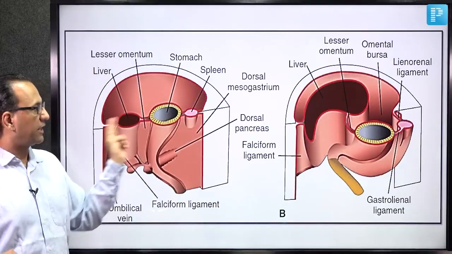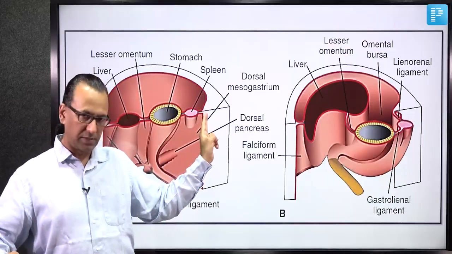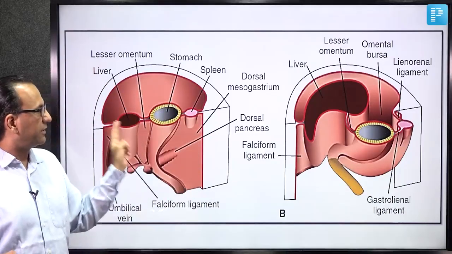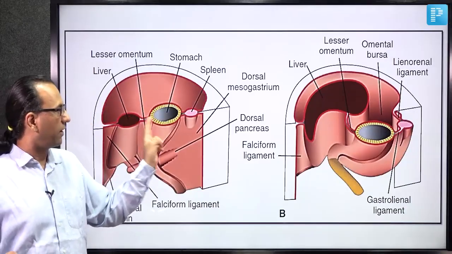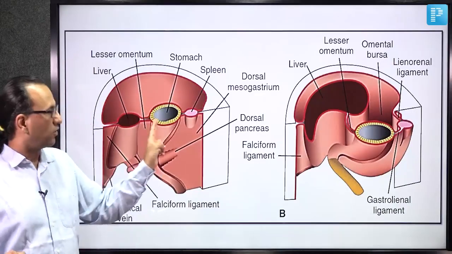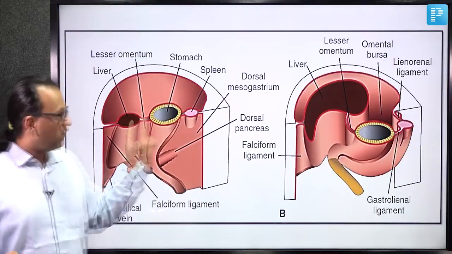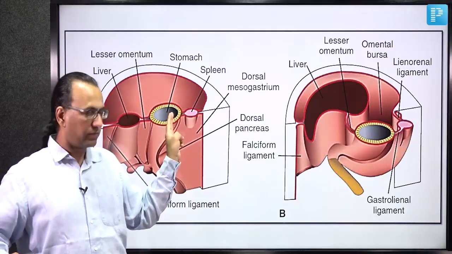Anteriorly, you have the ventral mesentery where the liver was developing, and posteriorly you have the dorsal mesentery where the spleen was developing. Then we saw that the liver, which is developing anteriorly in the ventral mesentery, was having a ligament here called the lesser omentum attaching to the lesser curvature of the stomach, and also the porta hepatis of the liver. Whereas posteriorly you have the splenogastric ligament attaching to the greater curvature of the stomach.